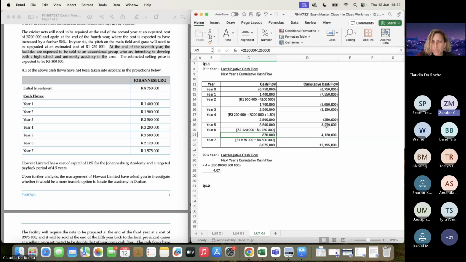It's supposed to be just the normal cash flow. Let me just double check that. Yes, it's just supposed to be next year's cash flow. Sorry, I need to fix that. Cool. Okay, so I'll also just fix that. It's next year's cash flow. Thank you.